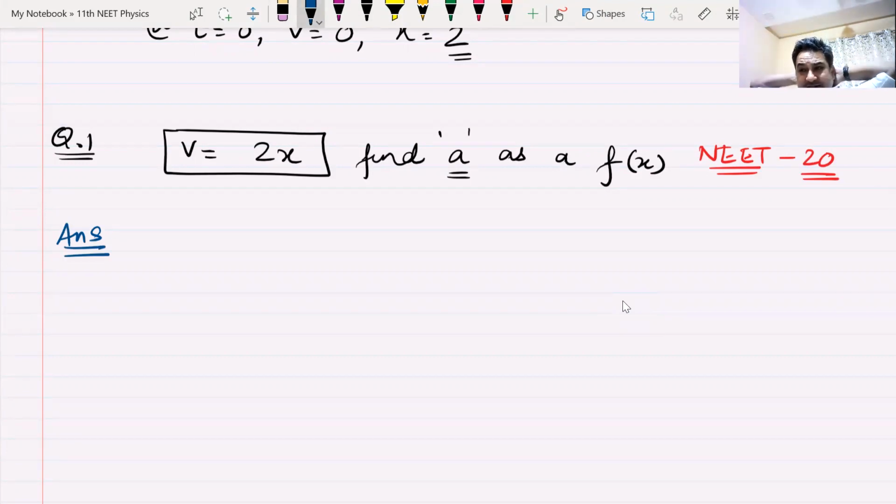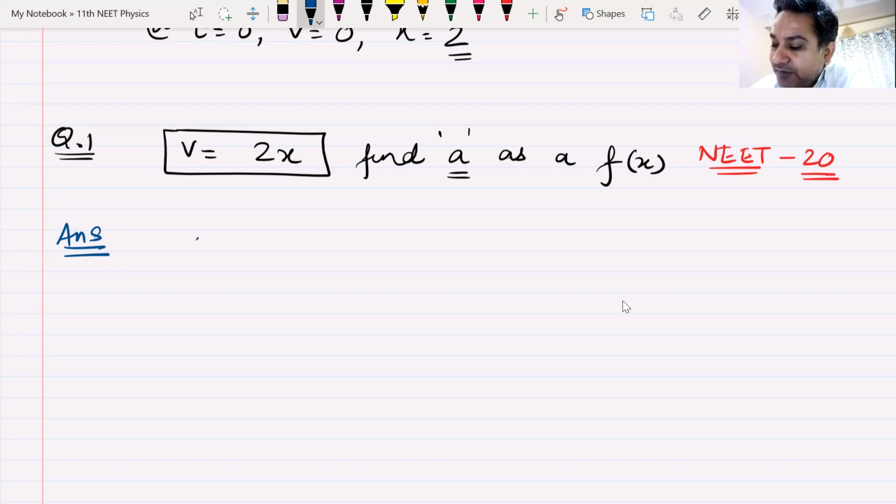Find acceleration as a function of x. How are we supposed to do this?